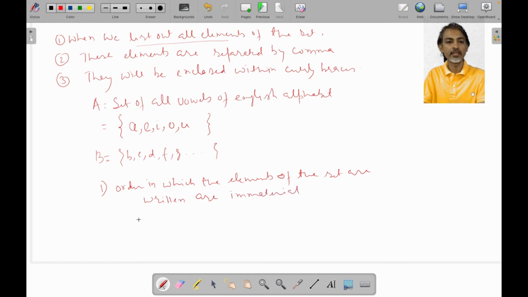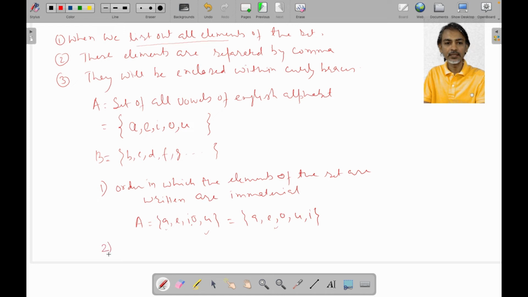What we mean here is, if A is A, E, I, O, U, I can as well write it as A, E, O, U, I. So all that we are concerned about is the elements, all the elements should be there. We are not concerned about how these elements are written within the curly braces. It could be any order. I could write I here, E here, but these two sets in any case will be the same. There will not be any difference.